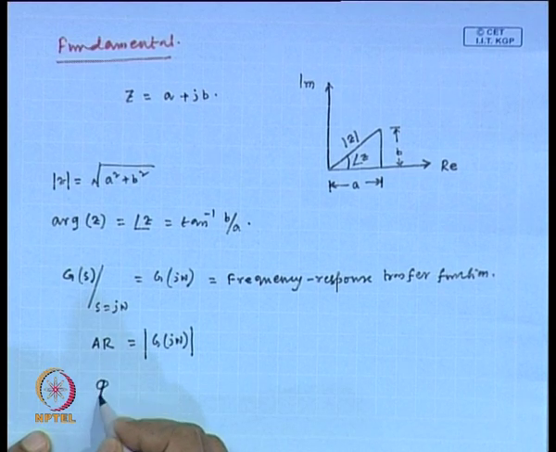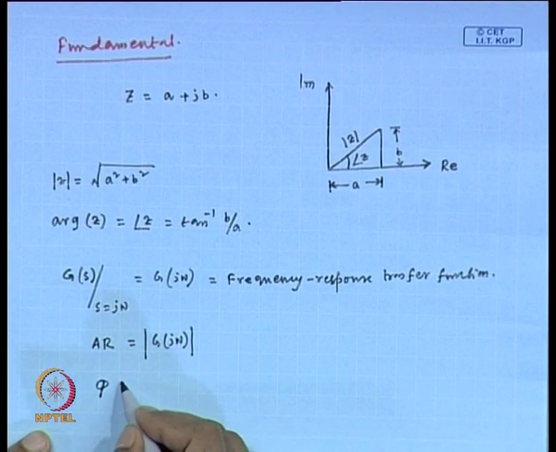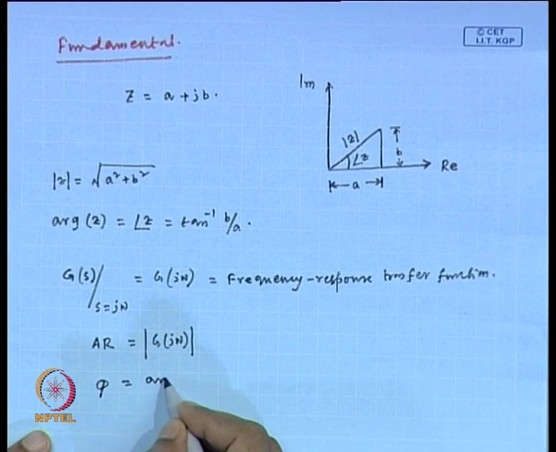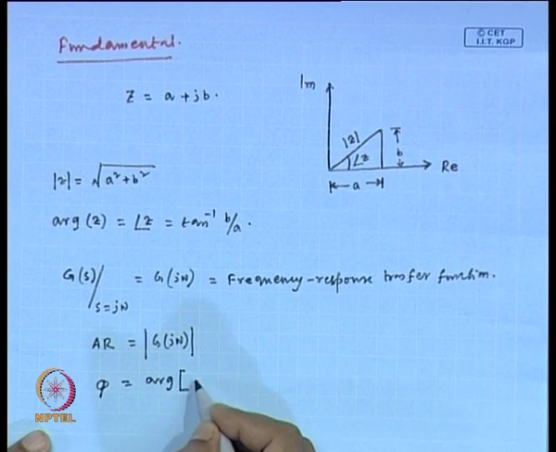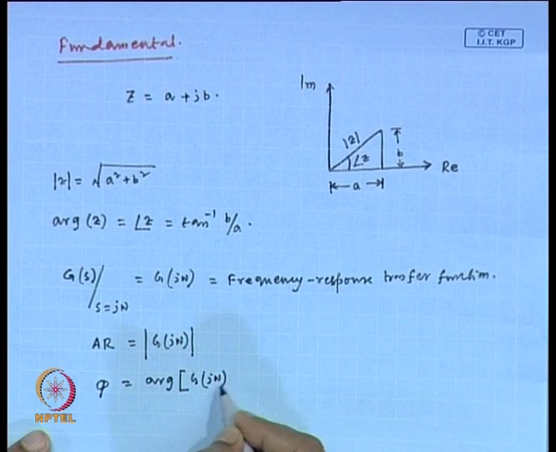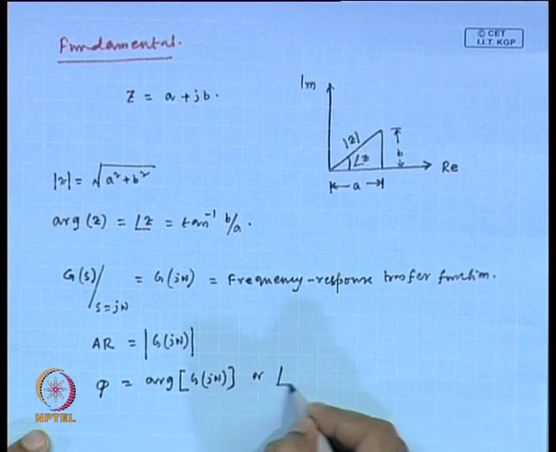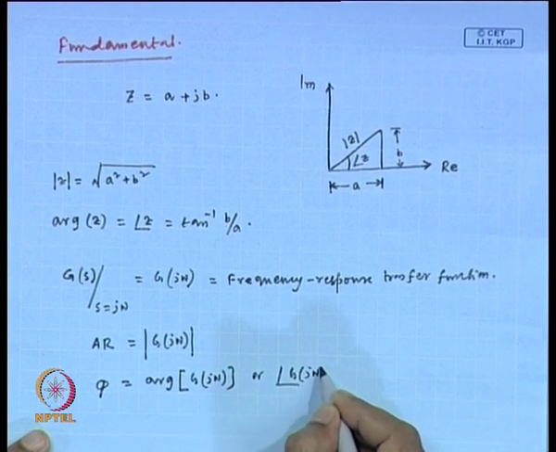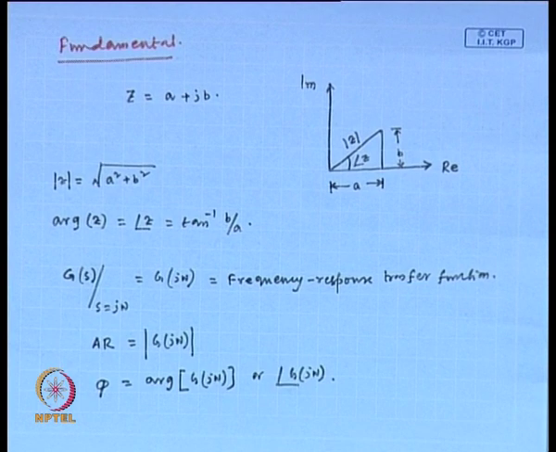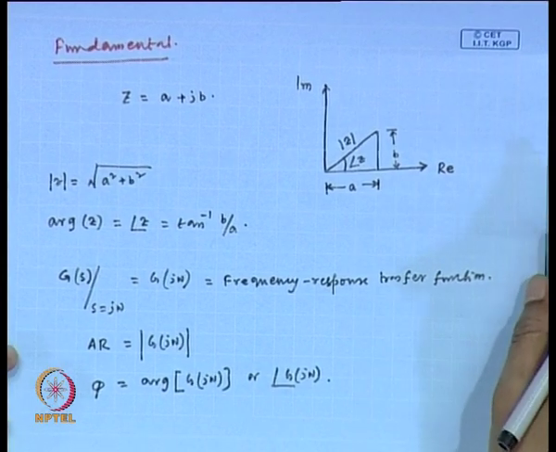Similarly, the phase angle phi is the argument of this frequency response transfer function. It can be represented by this notation, fine. So, this is the fundamental frequency response result.